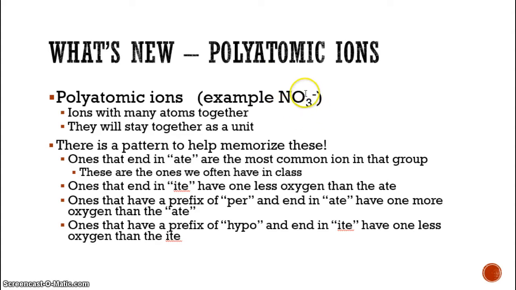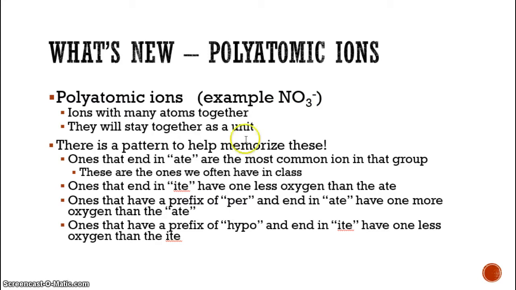And together this unit with 1 nitrogen and 3 oxygen has a -1 charge. Notice there's no 1 there, but that's implied. And that's a superscript, so I know that's my charge. This is a subscript. I know that's not my charge. It tells me how many oxygen atoms I have. So when you look at that, 1 nitrogen, 3 oxygen, and together it has a -1 charge.